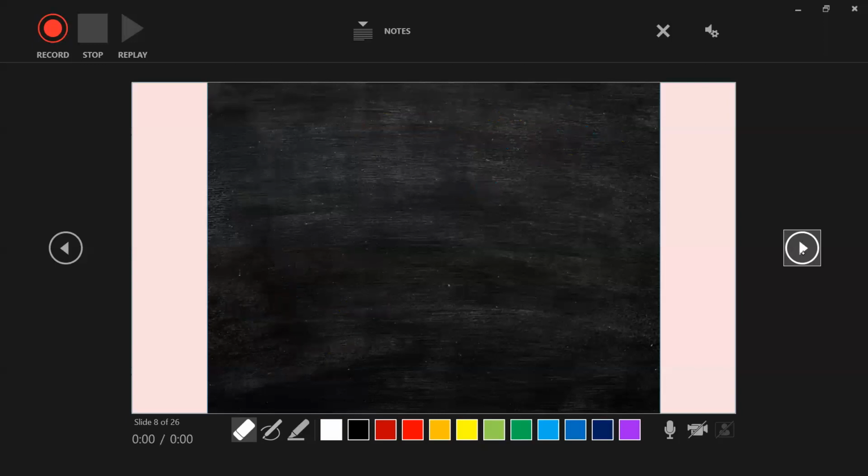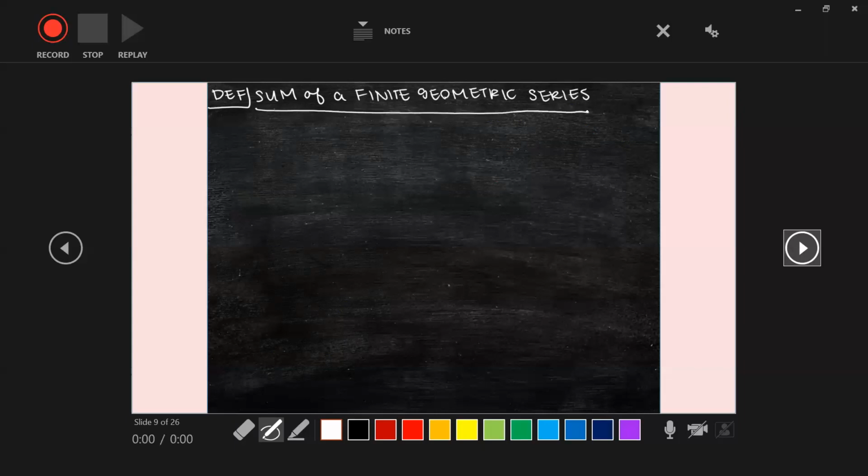All right, so let's do 9.5. 9.5 is going to start out with a definition. It is the sum of a finite geometric series. If our arithmetic series had a common difference of d, remind me what our geometric series has. r, it has a common ratio.